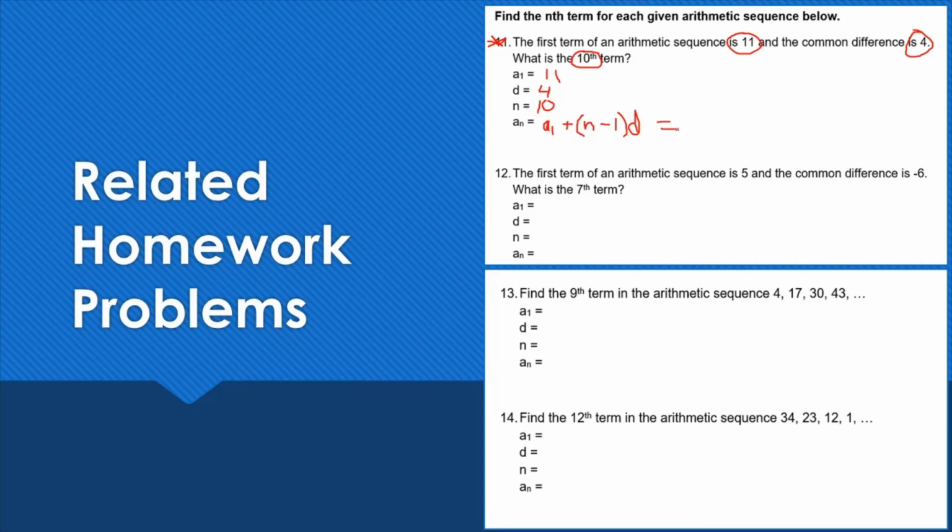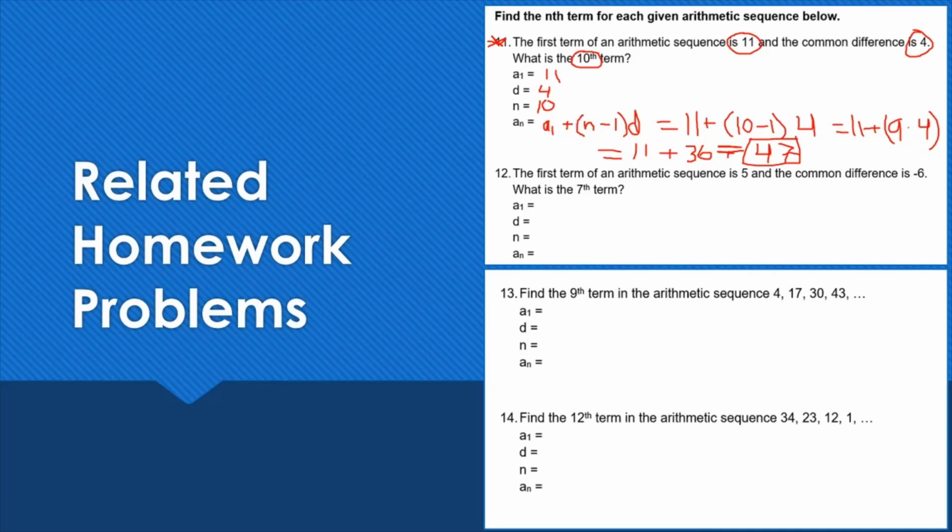So if we do the math on that, we would have 11 plus 10 minus 1, and let me put my d in there too, multiplied by 4, which is equal to 11 plus 9 times 4, which is 11 plus 36, which is equal to 47, which is our final answer for that one.